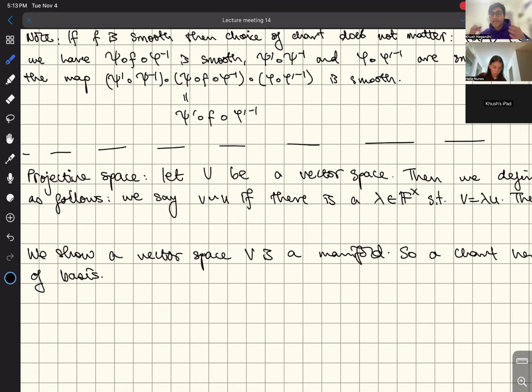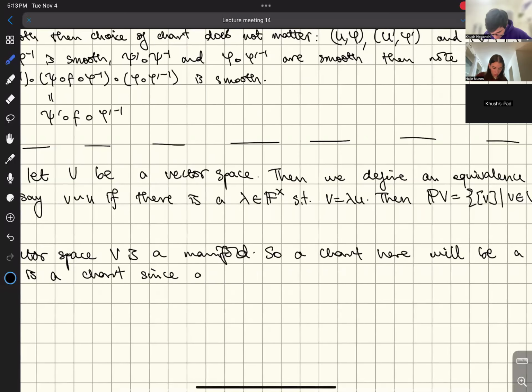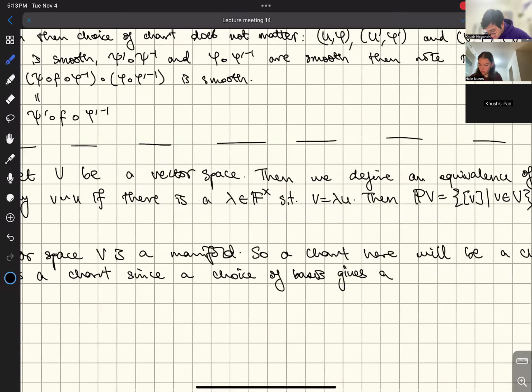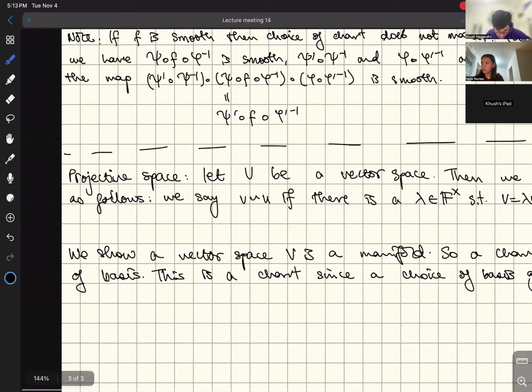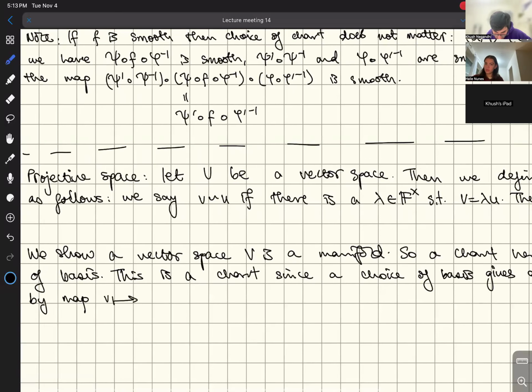That's very simple, because a choice of basis gives a linear map T from V into R^n, by just mapping V to its components, by mapping V to (a1, ..., an) such that a1 v1 + ... + an vn equals V.